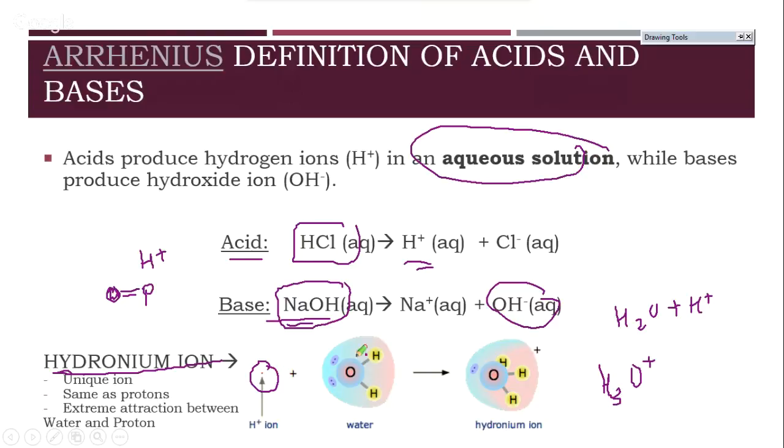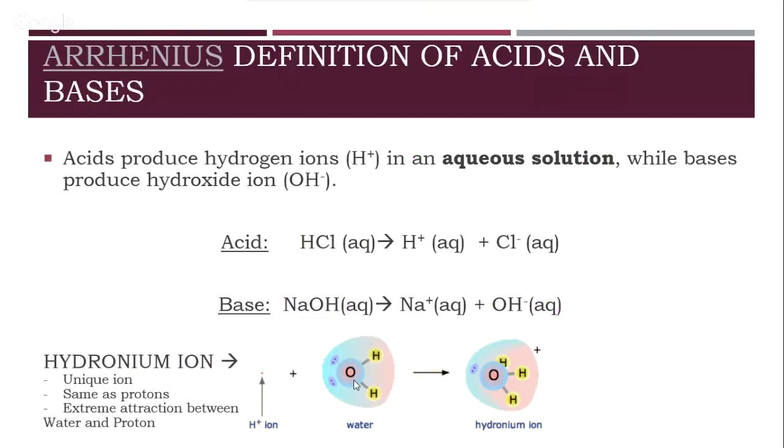It is in the presence of a huge atom, oxygen, which has 8 electrons and also has 2 lone pairs, which are very strongly attracting this proton. So all it has to do is connect to these lone pairs and have a third bond. So that's how a hydronium ion is formed, and in most of our definitions going forward, you will find that instead of H plus, we keep on talking about hydronium ion presence.